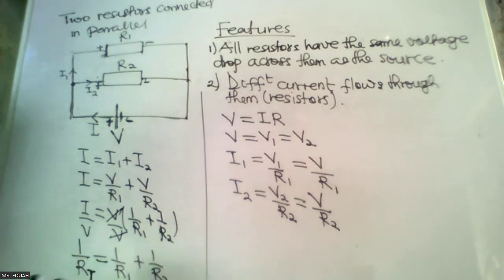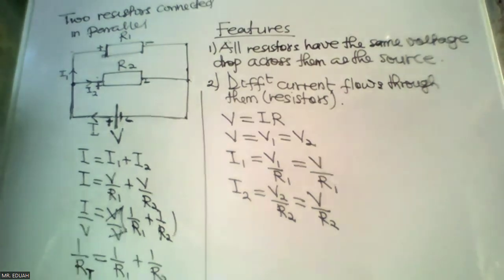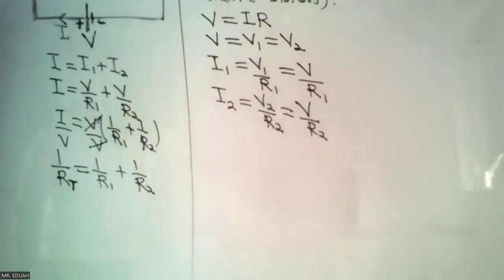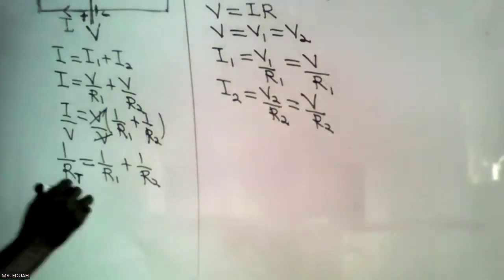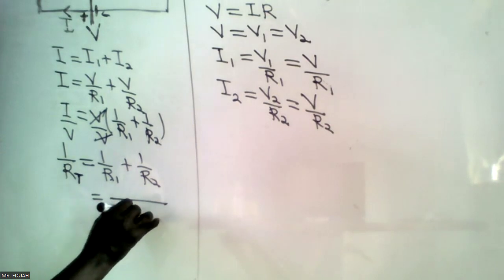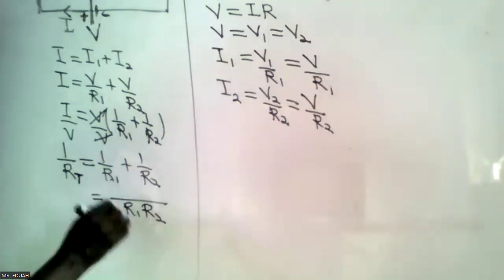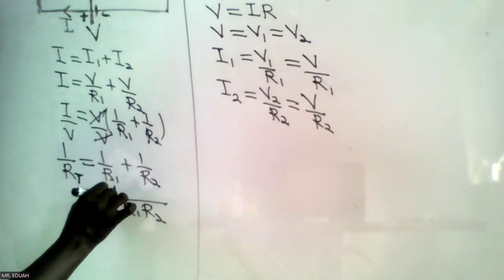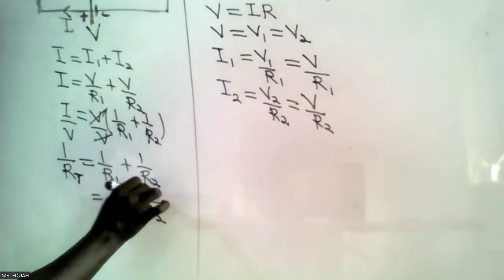total resistance. Now for me, if you have just 2 resistors connected in parallel, I can find the LCM of this R1, R2. This will be R1 plus R2.